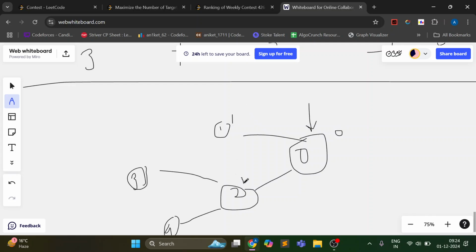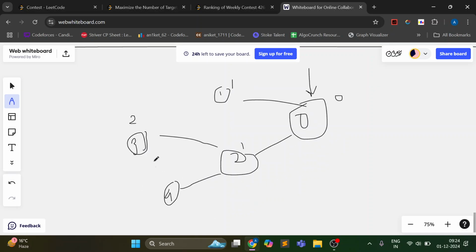So 0 is level 0, 1 will have level 1, 2 will have level 2, 3 will have level 2, and 4 would have level 4. Now for the zeroth value, all the even levels would be contributions. All the even levels will have an even number of edges between each other.